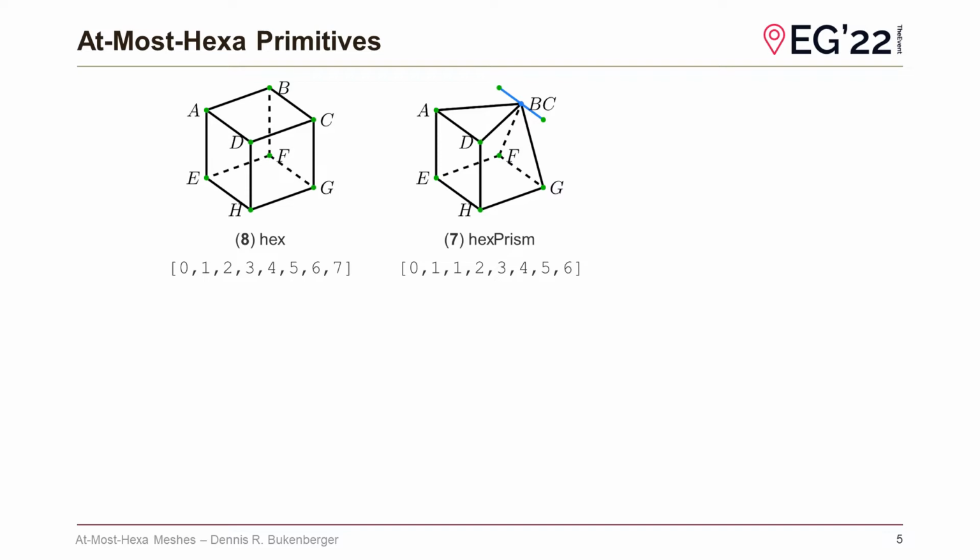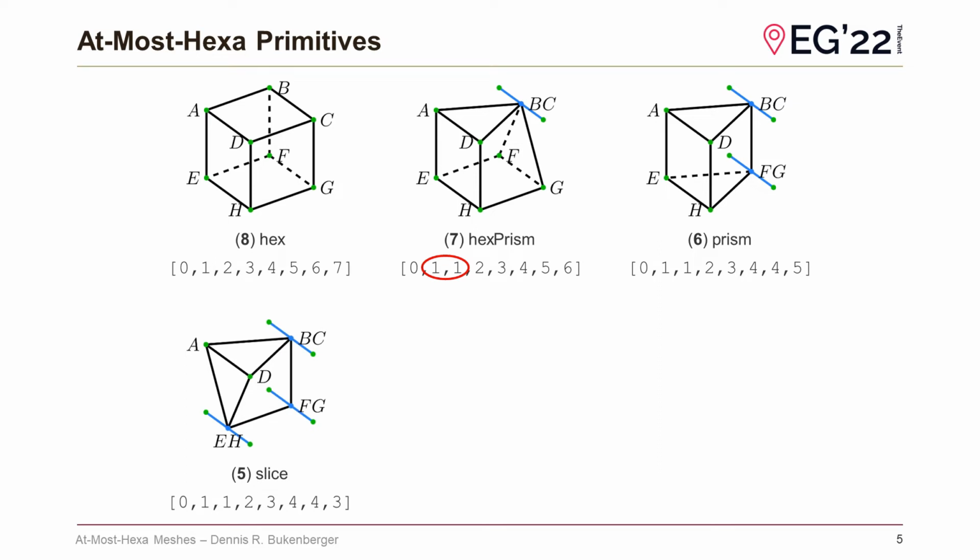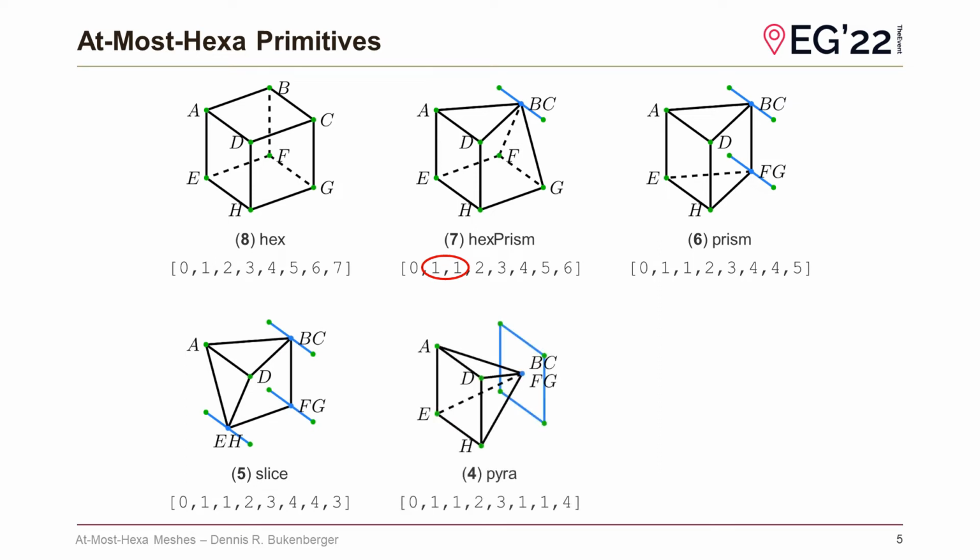Here, for example, one collapsed edge creates a hex prism. The collapsed edge is encoded simply by doubling the vertex index. By collapsing more edges, we can construct more primitive types, all encodable as hexahedra. Therefore, the resulting mesh files are easily suitable for all hex processing pipelines.